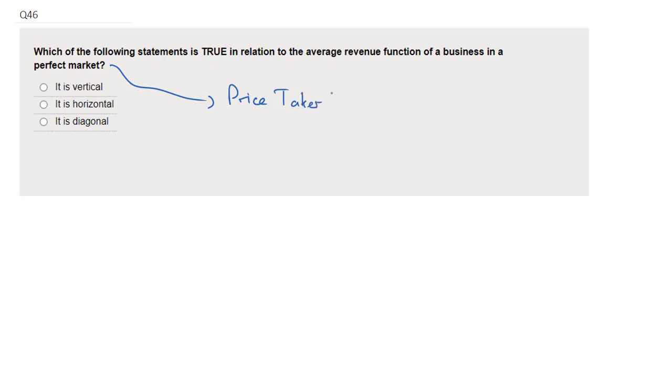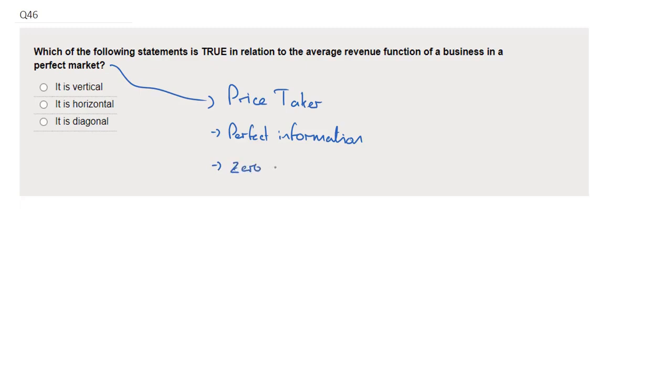It cannot influence the price at which goods are sold. There is perfect information in the market. That means that the buyers of goods know all of the sellers, they know all of the products that are available. No one company can influence the price of a product in a perfect market.